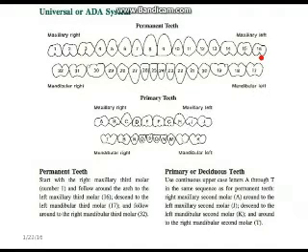So every time you count using the universal system, you're going to have 16 teeth in the maxillary arch and 16 other teeth in the mandibular arch. Number 1 is always the third molar in your upper right quadrant. Number 16 is your third molar from the upper left quadrant.